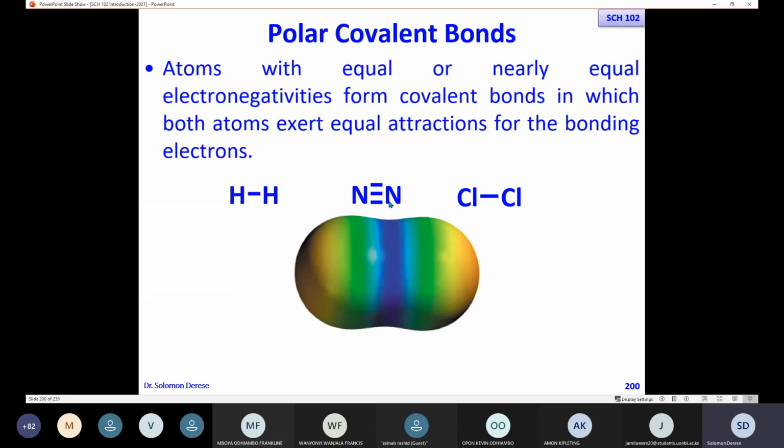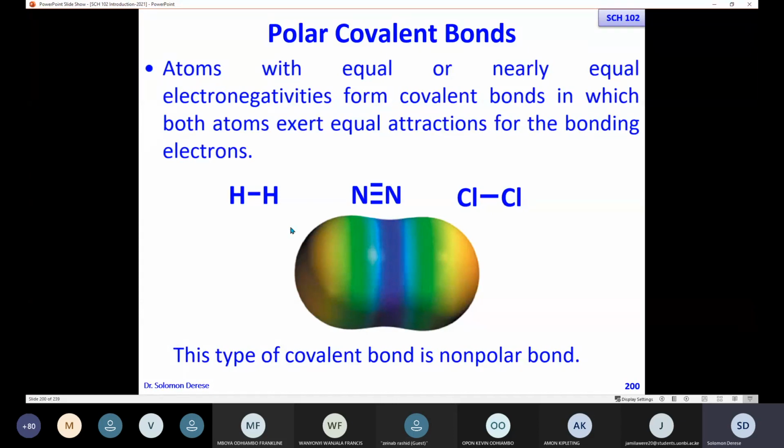Such type of covalent bond is a non-polar covalent bond, no polarization. The electron density is distributed equally between the two atoms. None of the atoms will have a larger share of electrons.